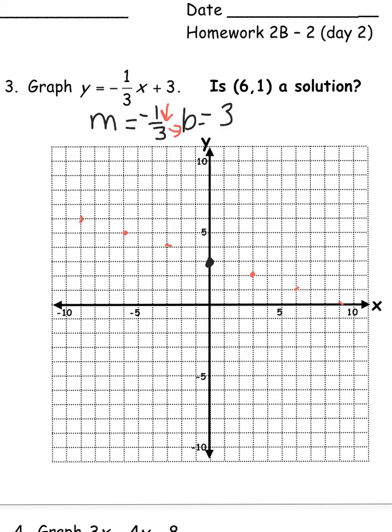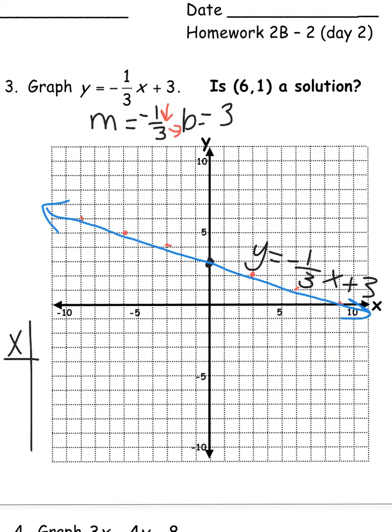Now connect that. Remember the finishing touches, the icing on the cake. We're going to label this. We have our arrows on the ends, and we're going to list 3 points. So I'm going to do this one, this one, this one.